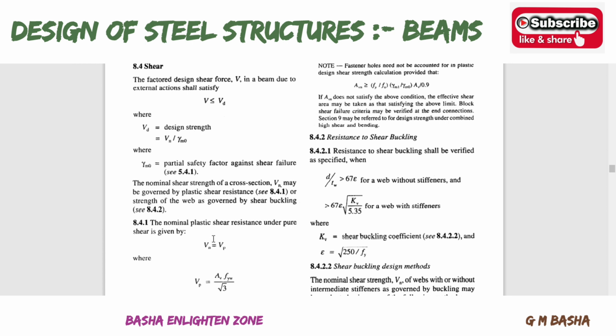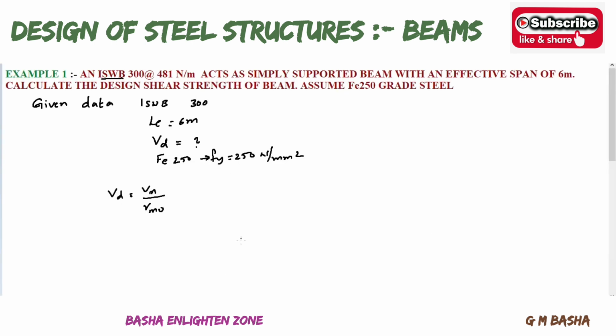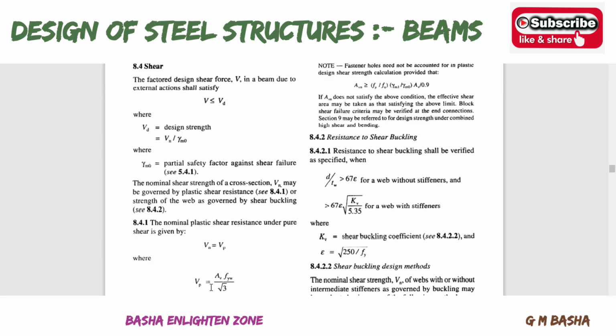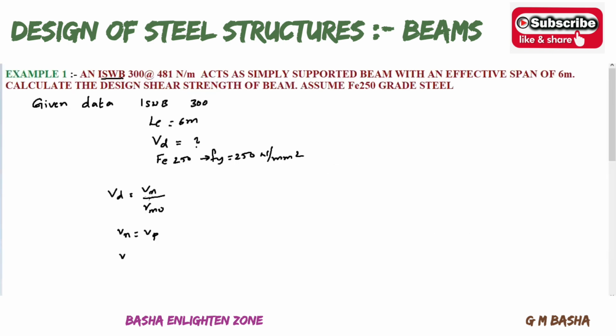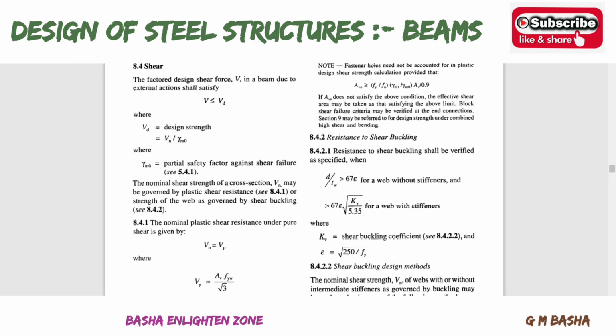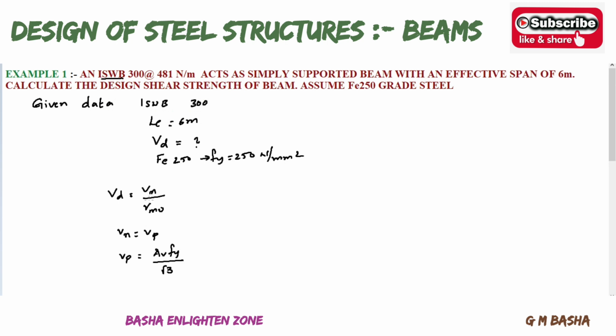First, Vn will be equal to Vp, and Vp will be equal to Av fy by root 3, where fy is the same as fyw. This is the formula which is given in the code book.